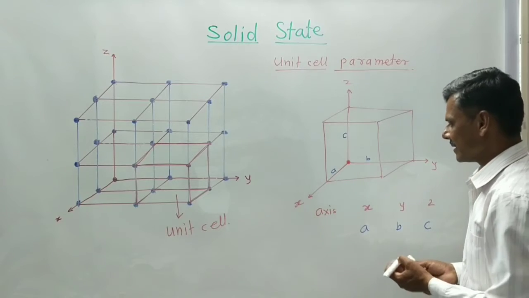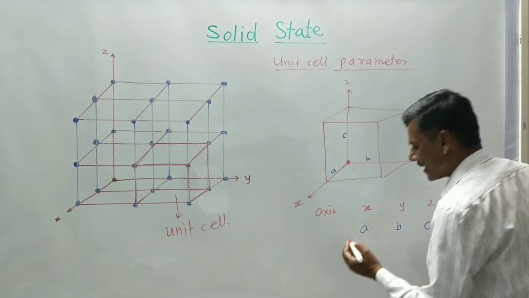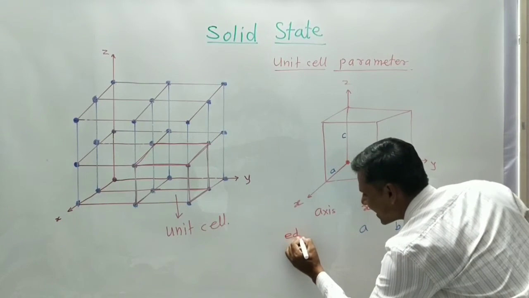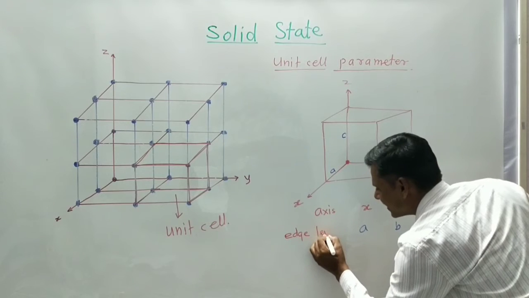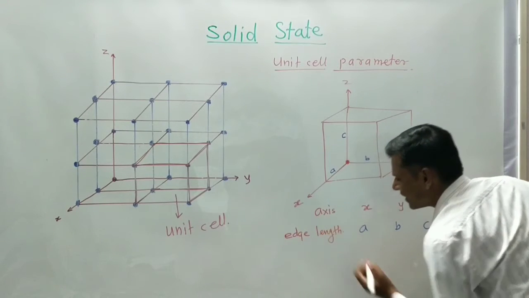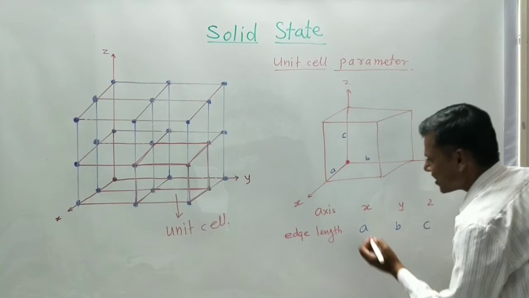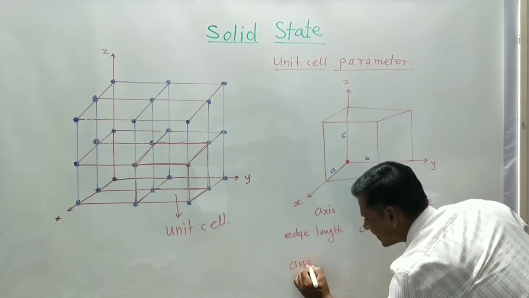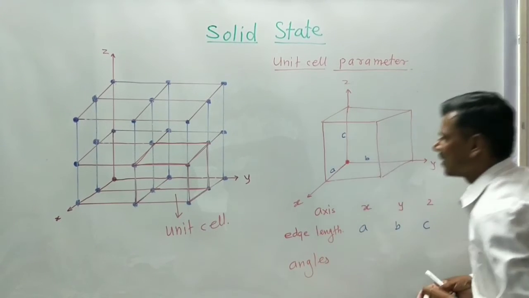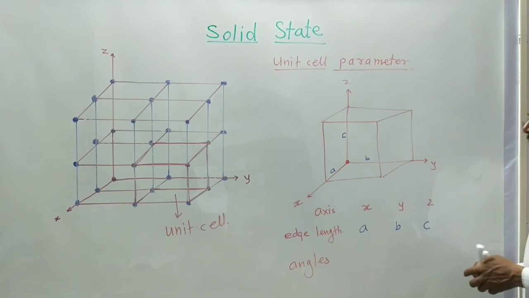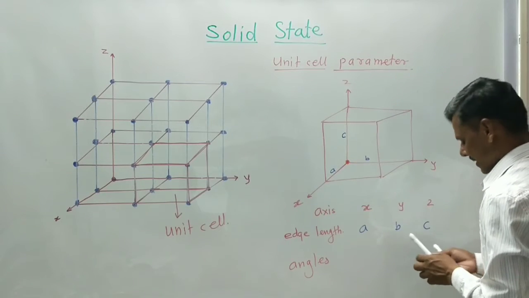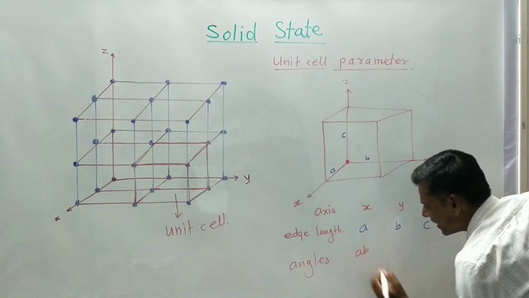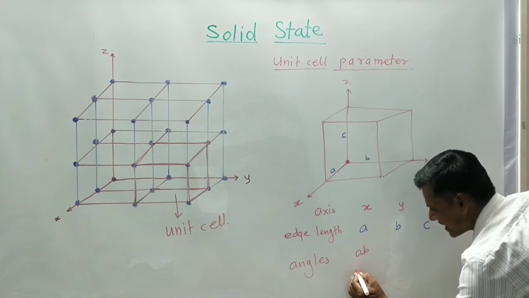Now let us denote the angles. So these dimensions we call edge length. Then we have to focus on angles. Now the angle between these two dimensions, that is between A and B, we denote this angle as gamma.